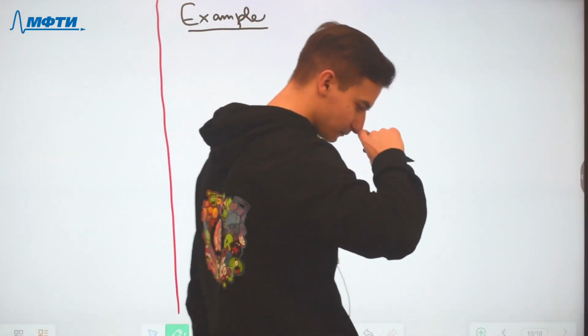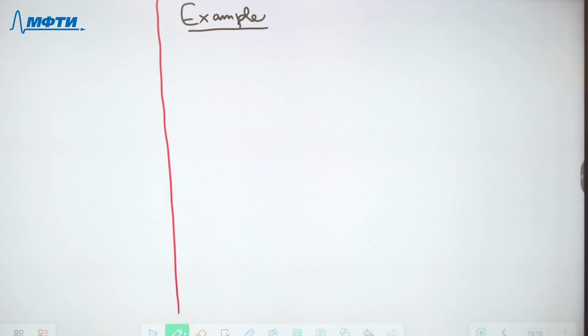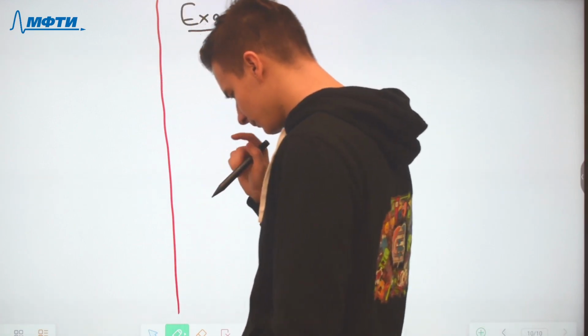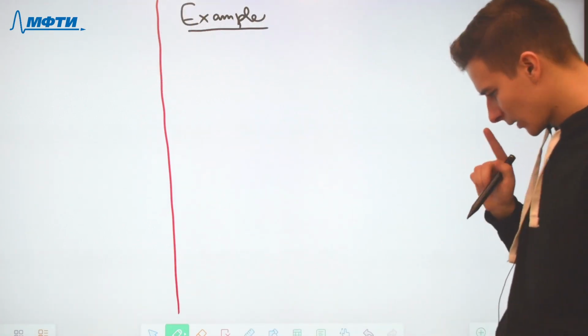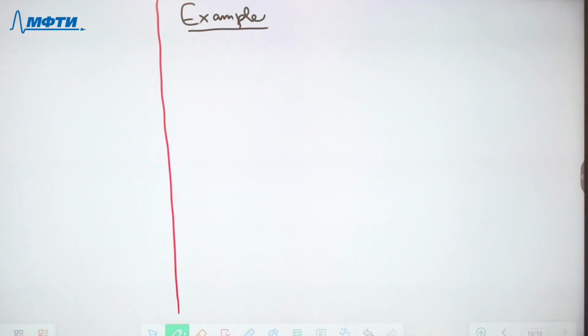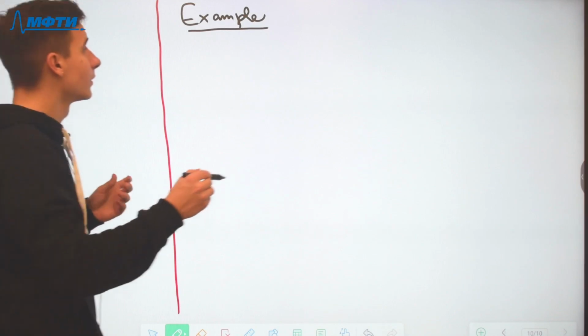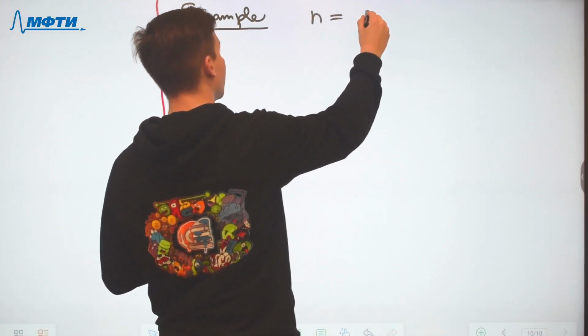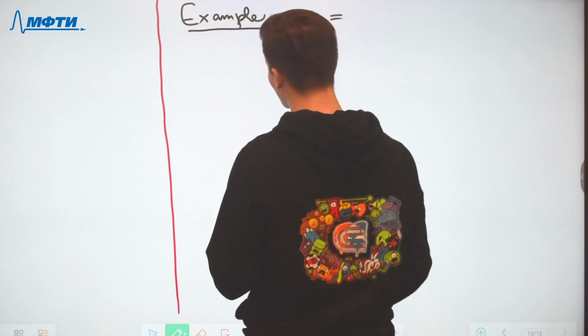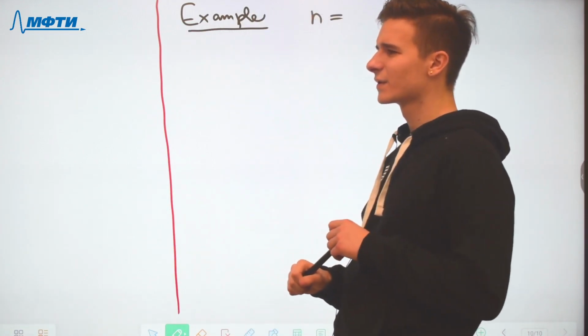Okay, for example, n equal to 3. Oh, no, sorry. It is a prime number.